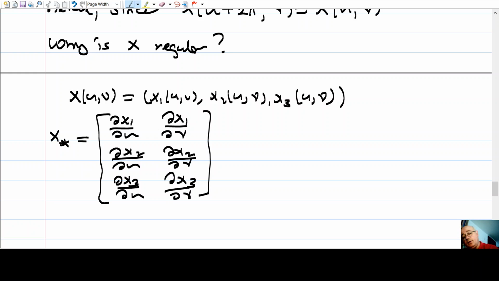And I need to show that this matrix has rank 2.